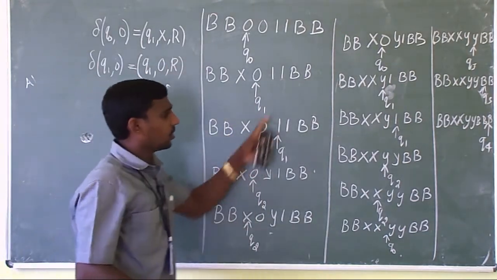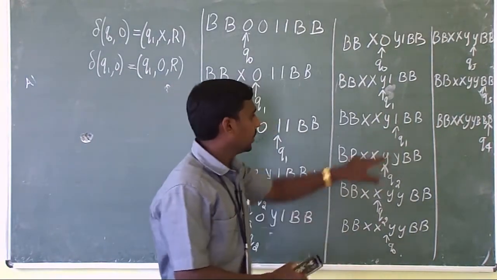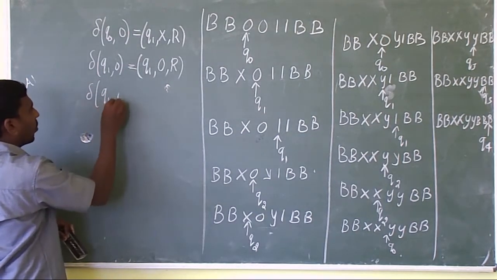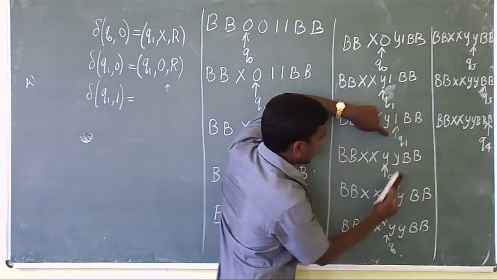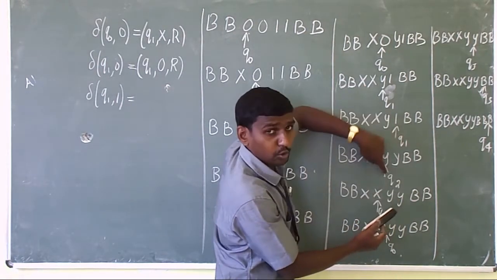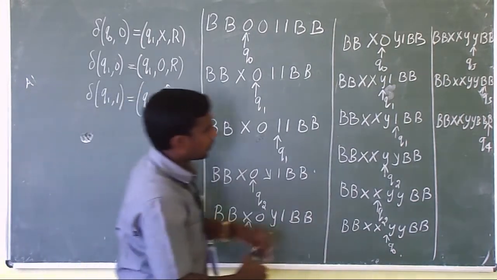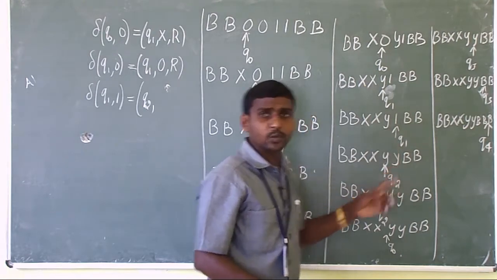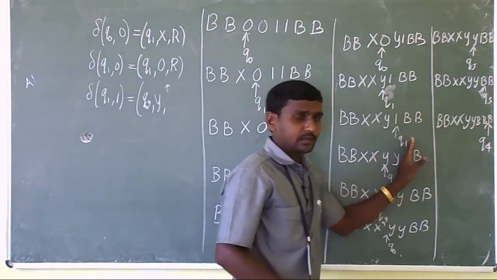Similarly, you want to write all the delta functions. So I will show you one more delta function here. If you see Q1 comma 1, so delta of Q1 comma 1 is equal to, the state is changed to Q2, the next state Q2, right? So I am going to write Q2 comma Y, since 1 is replaced by Y, and the direction changes to left.